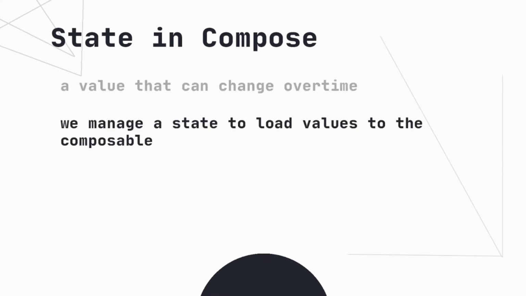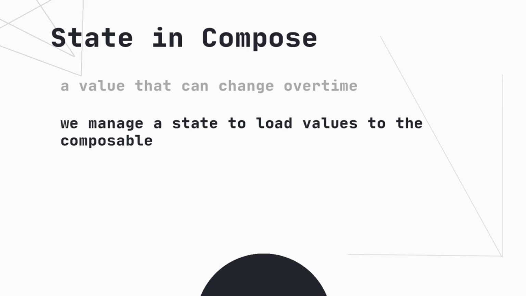It's like a text watcher in an edit text. And if there is no concept of state, every time you call getText or toString, you will find the initial value there. That's why state has been introduced: whenever that value changes, it finds the place where it has been used and recomposes that view to reflect those changes.